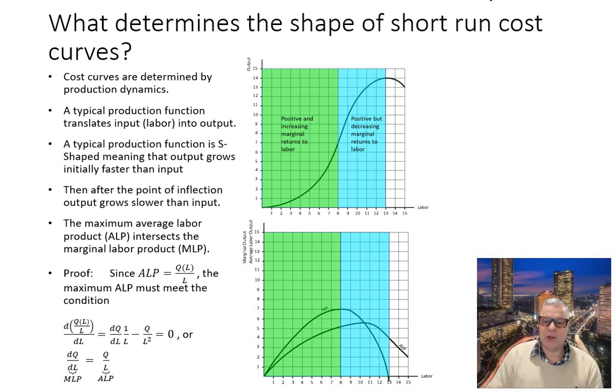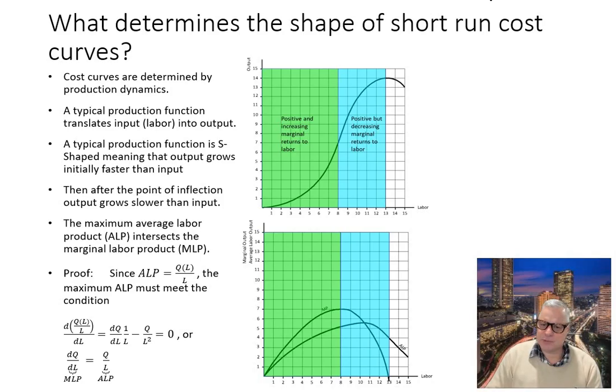If I stand alone in my kitchen, well, I can produce something. But if somebody helps me, we can engage in specialization gains, and we can specialize. One is doing one thing, the other one is doing something else. And what happens is that initially output grows faster than input.